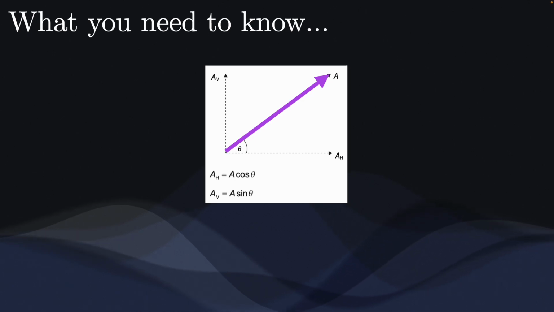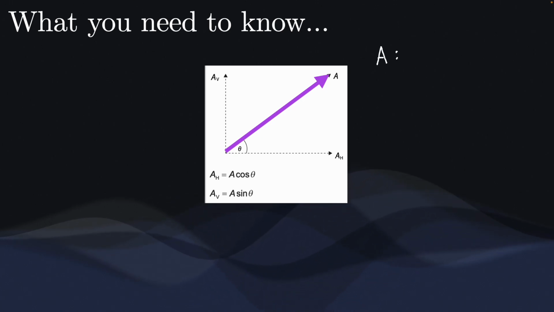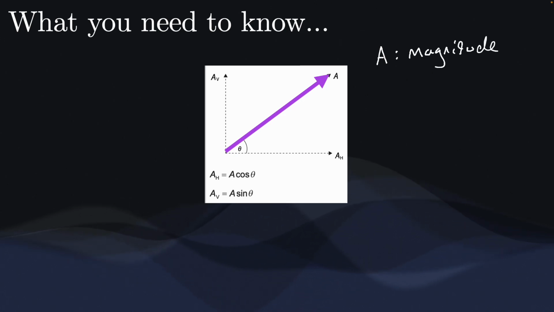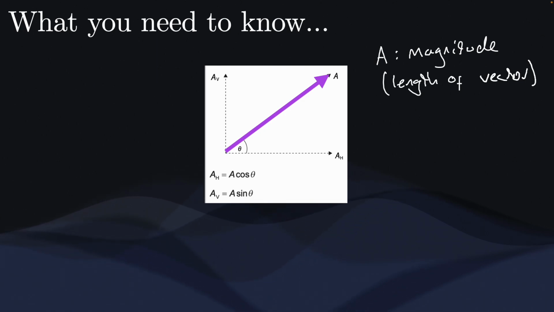In this diagram, they refer to the magnitude of this purple arrow as A. So we can say that A is the magnitude, or the length of the arrow, of a vector, I should write, sorry. In this case, this is a velocity vector, so A would be the speed, because it's a velocity vector of the spaceship moving.